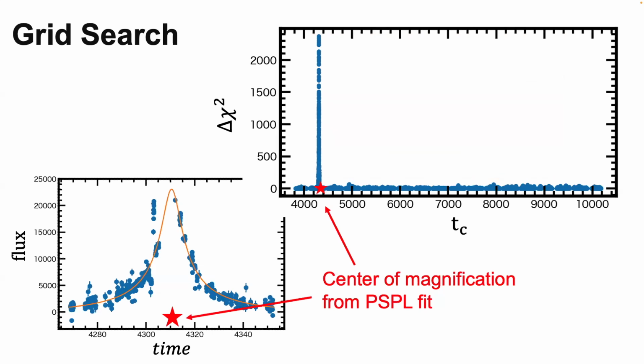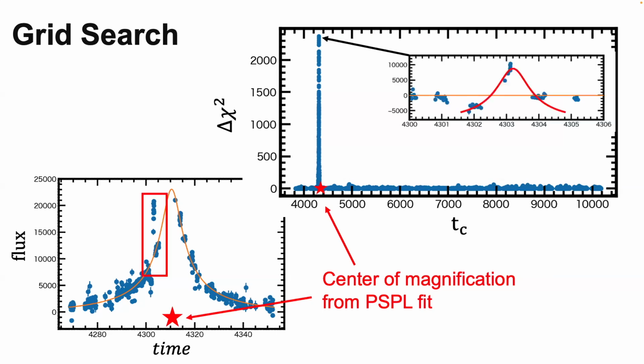In this grid, delta chi-square has a very large value, and this star point shows the center of magnification from the PSPL fit. So this strong signal corresponds to this anomaly.